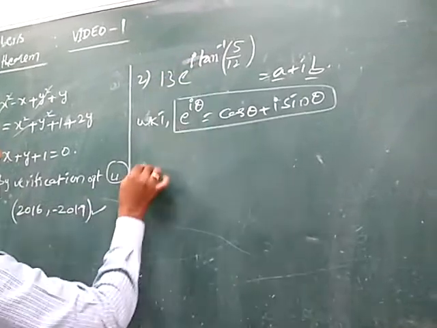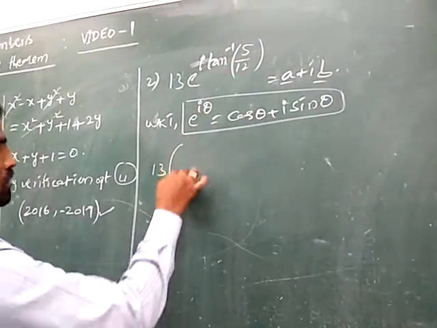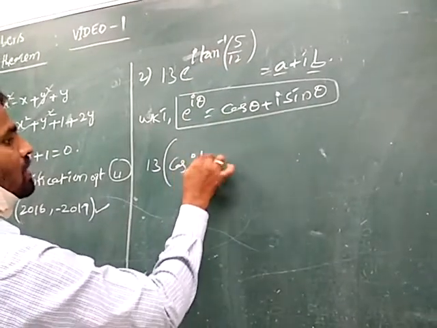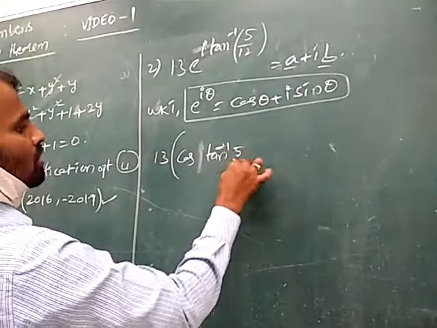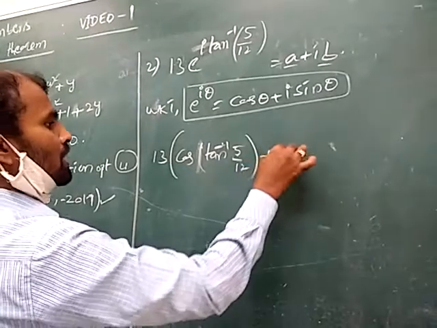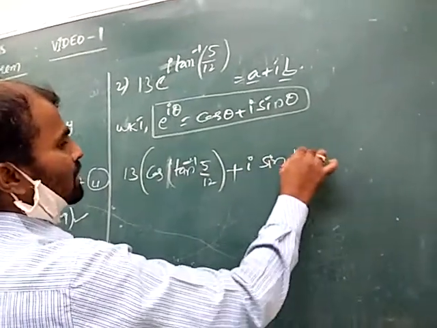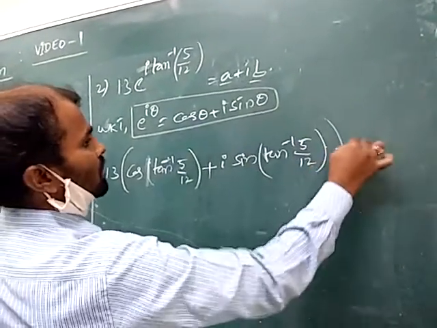By applying that formula to e power i tan inverse 5 by 12, we get 13 into cos theta, where theta means tan inverse 5 by 12, plus i into sin theta, where theta is tan inverse 5 by 12, equal to a plus ib.